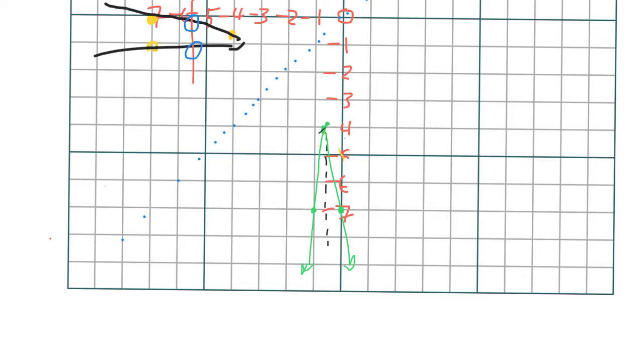So my thought is, this inverse would pass the vertical line test if this was gone, right? If that was gone, then it would pass the vertical line test, wouldn't it? That's one way of making sure it passes. The other way is if this one was gone, right? Then it would pass the vertical line test, right?